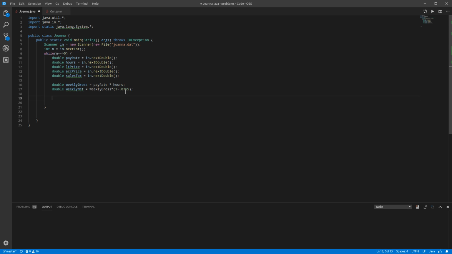Now with this amount, because of this percentage in particular, we have to be careful because we want this to be rounded to 2 decimal places because it's money. So we want weekly net to be rounded to 2 decimal places.